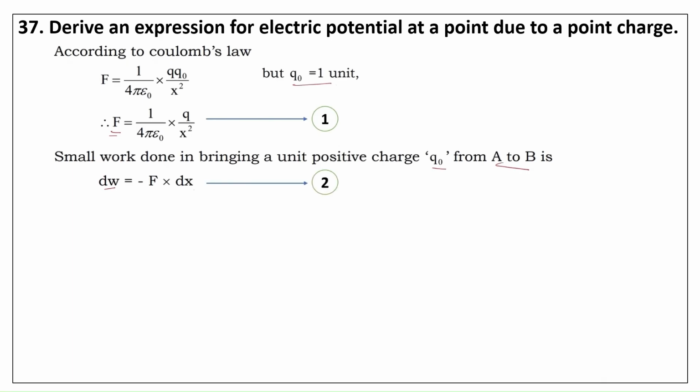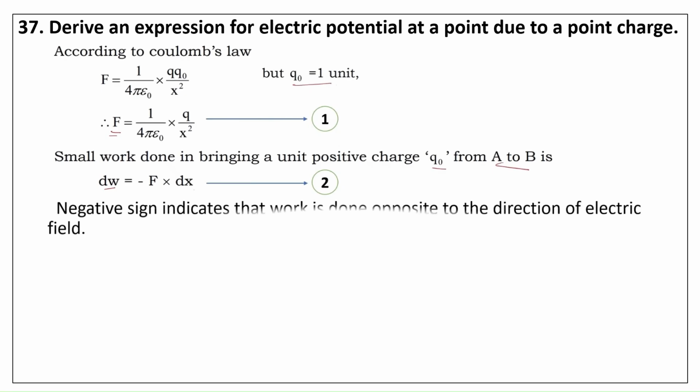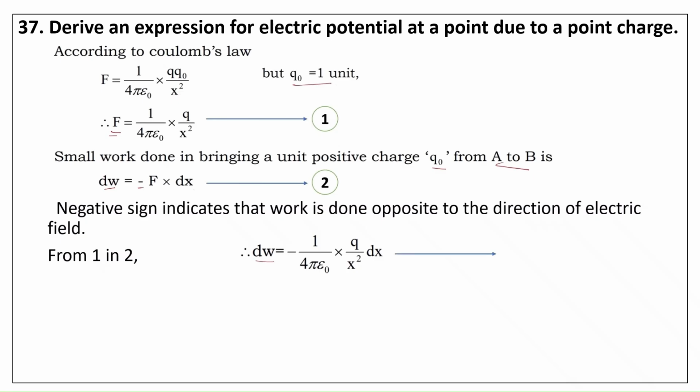Mark as equation 2. The negative sign indicates that work is done opposite to the direction of electric field. Substitute equation 1 into 2, we get dW is equal to minus 1 by 4 pi epsilon naught, Q by x square into dx. Mark as equation 3.